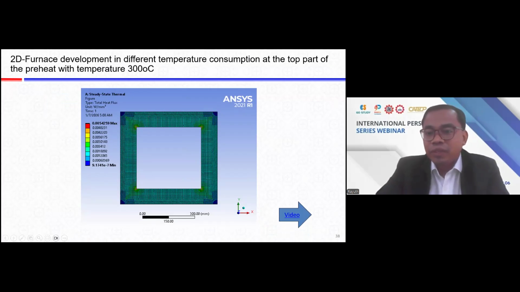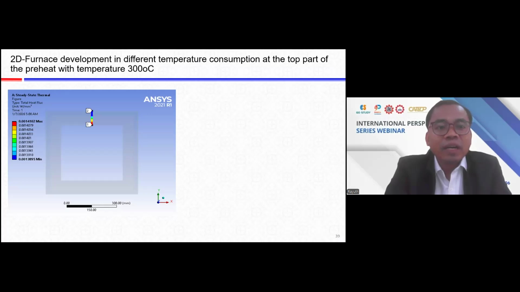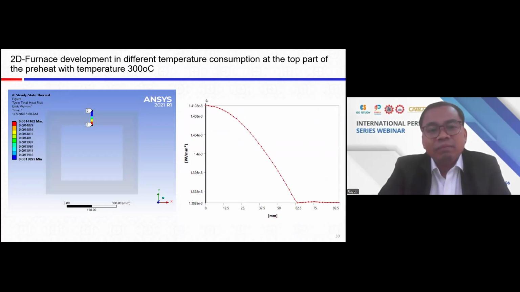If you see on my simulation, the heat flux at the edge side, because my geometry is a 2D square. I also choose the heat flux profile, where heat goes from the hot to the cold.